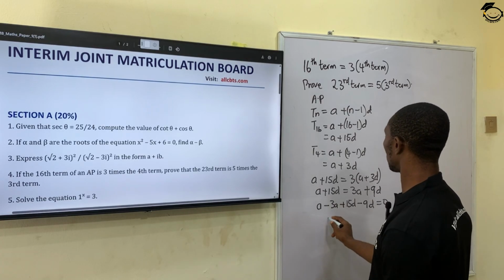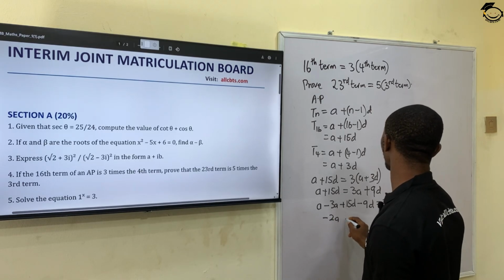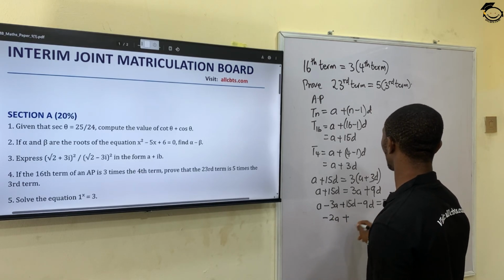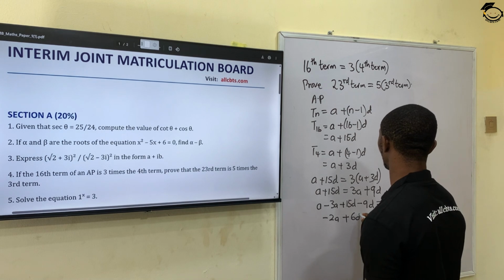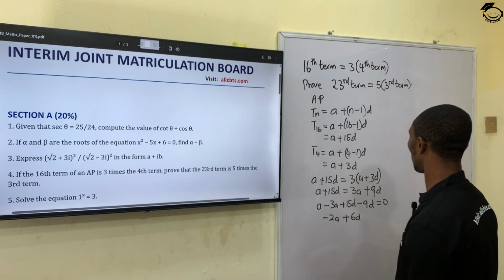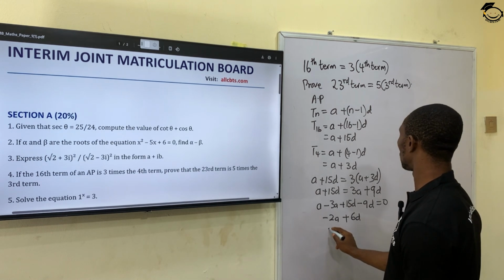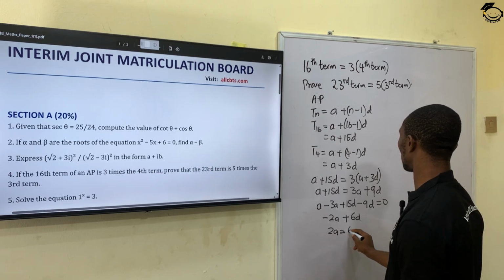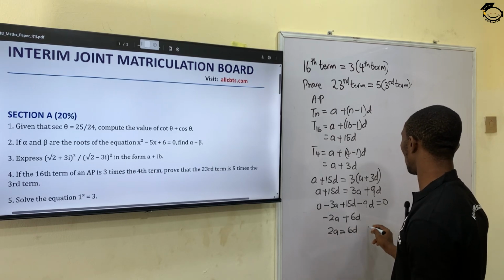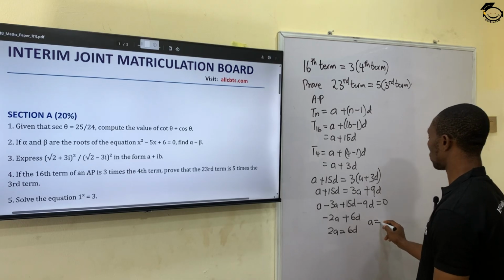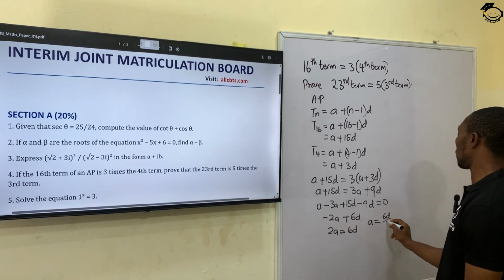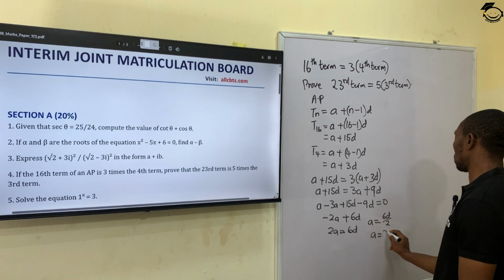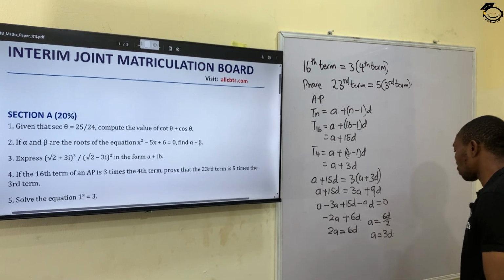So this will give us minus 2A plus 15 minus 9, which will give us 6D. So from here, we can say that 2A equals 6D. So A equals 6D over 2. A equals 3D.